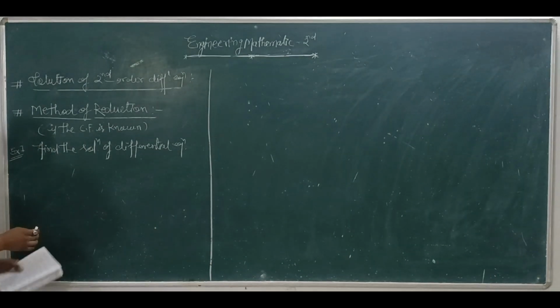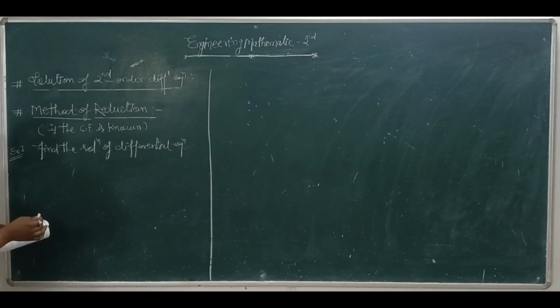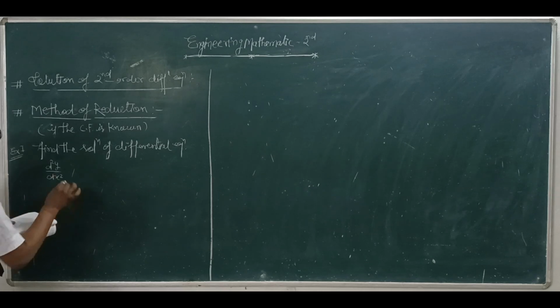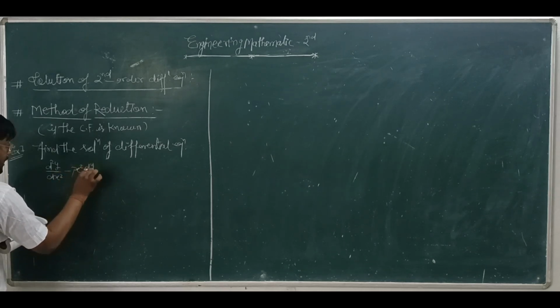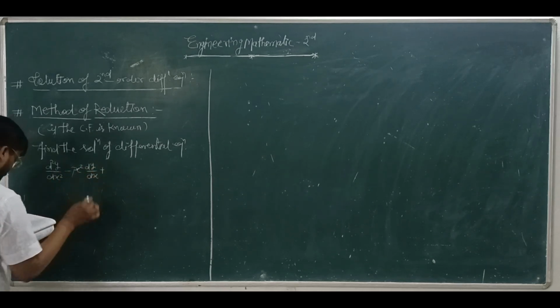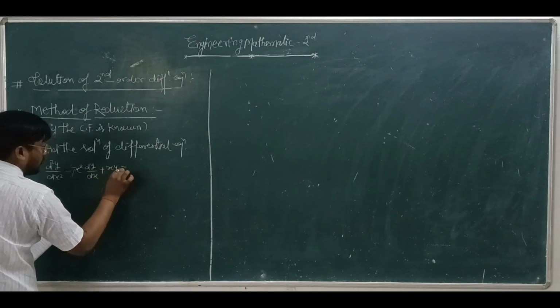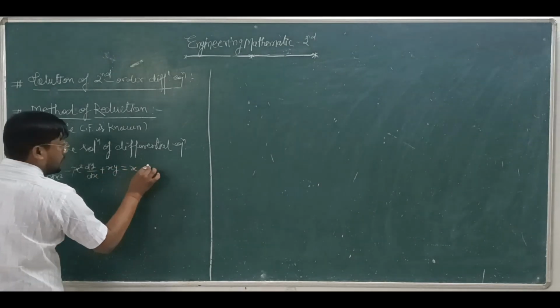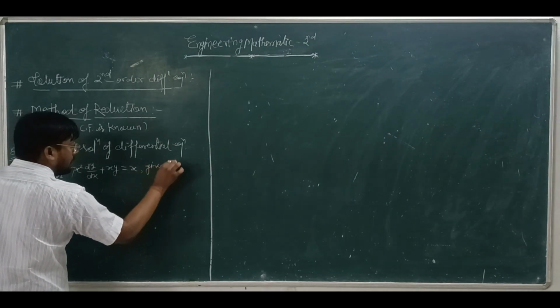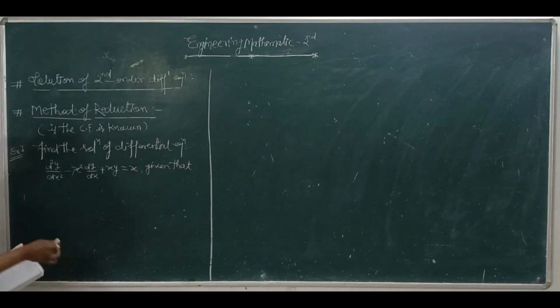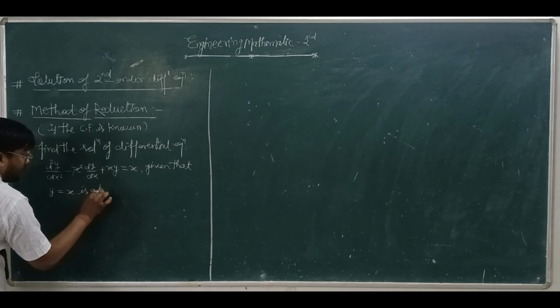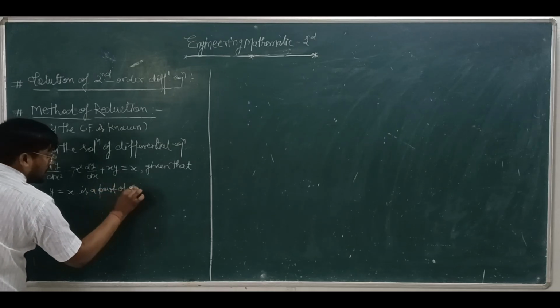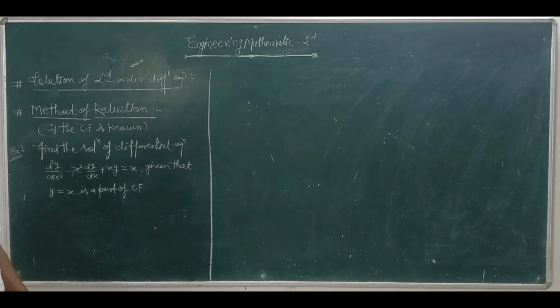You can note down the differential equation: d2y of dx2 minus x square dy of dx plus xy is equal to x, given that y is equal to x is a part of the CF.